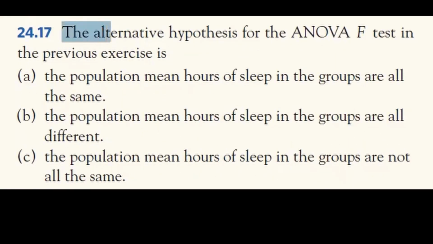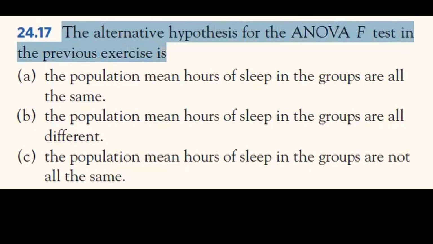How about the alternative hypothesis for the ANOVA F test in the previous exercise is? Now, we have gone over hypotheses over and over and over during this class. So I probably will expect you to be able to state null and alternative hypotheses, or at least identify them, right?